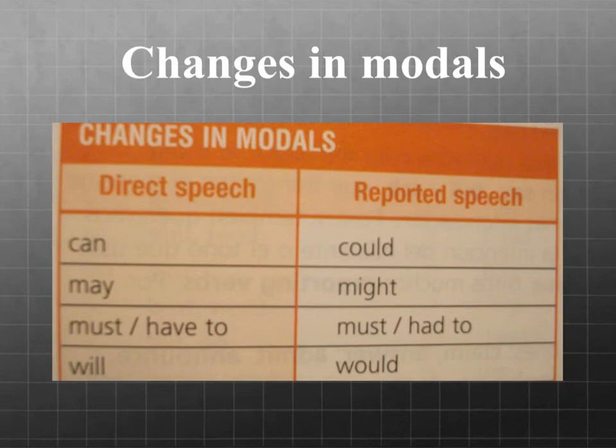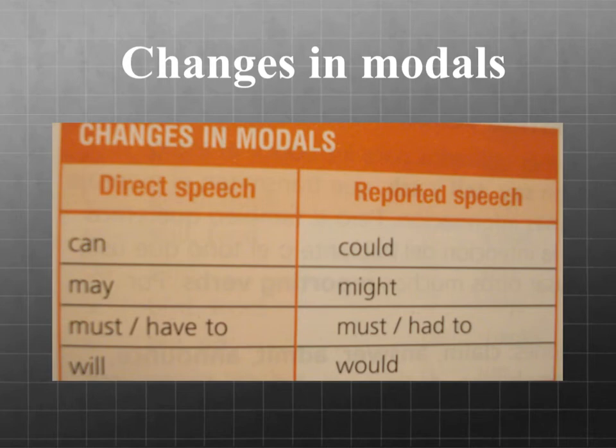But what about if you have a modal? Well, if you have a modal, you need to use the past of the modal. Okay? So, if in the direct speech you have can, you need could in the reported speech. If you have may in the direct speech, you will use might in the reported speech. Now be careful with must, because must doesn't require any transformation.